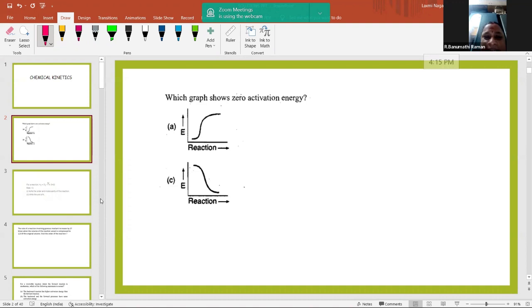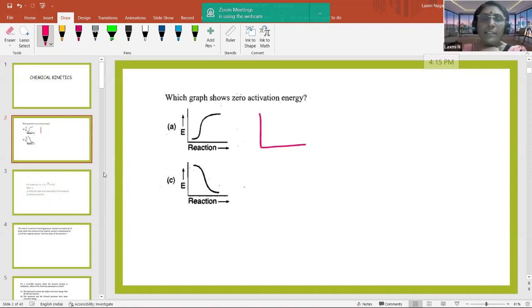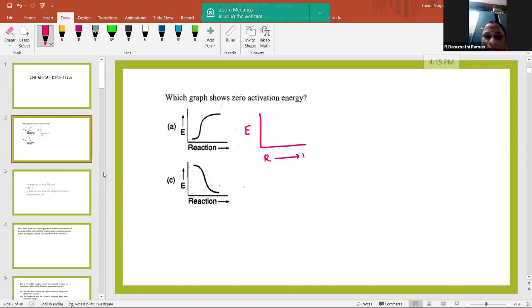In the case of the first one, the reactant energy is less than the product energy. Normally the graph looks like this, right? Reactants turning into products: energy of the reactants, the activated complex, and then the products.